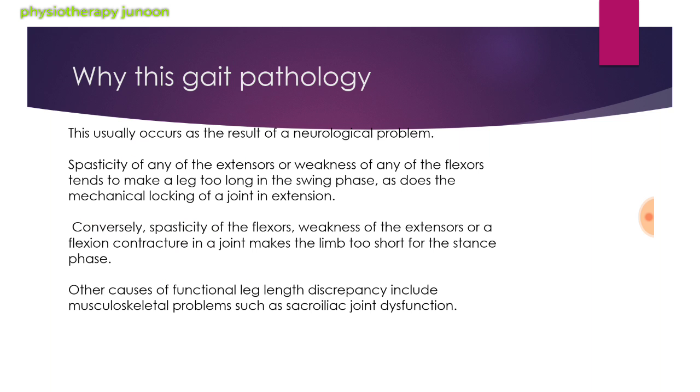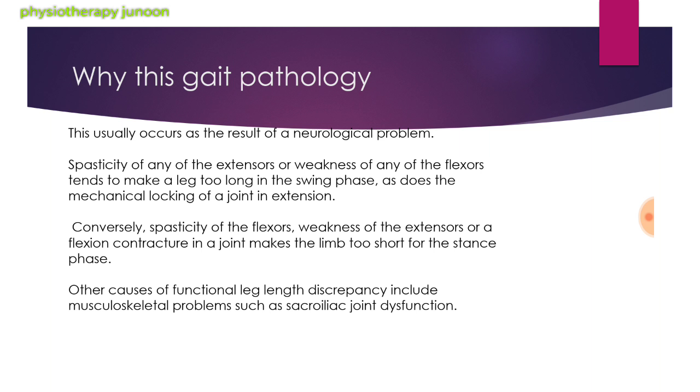Why does this gait pathology occur? This usually occurs as the result of a neurological problem. Spasticity of the extensors or weakness of the flexors tends to make a leg too long in the swing phase, as does mechanical locking of a joint in extension.